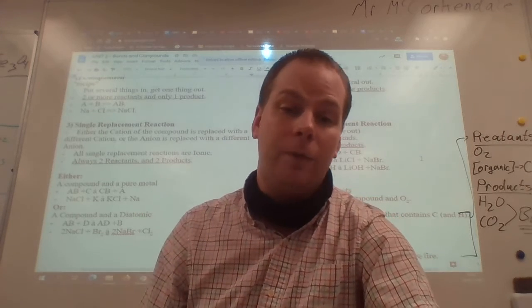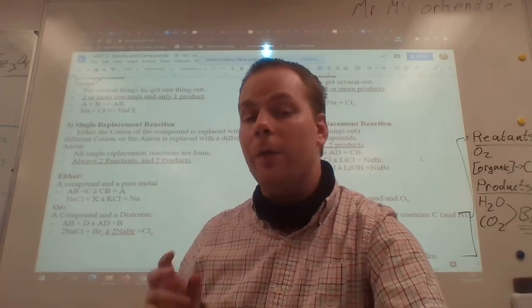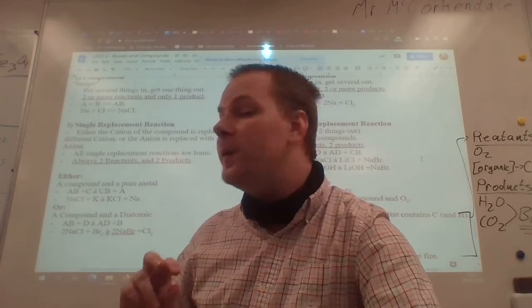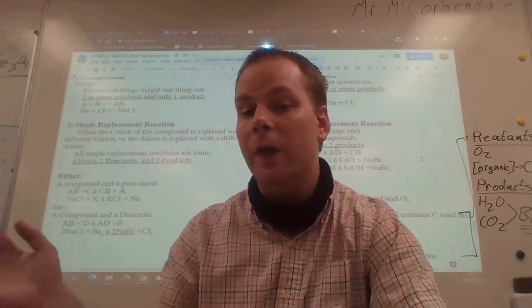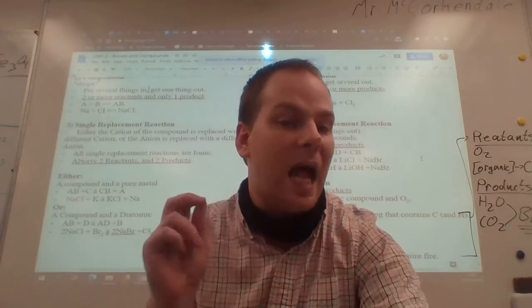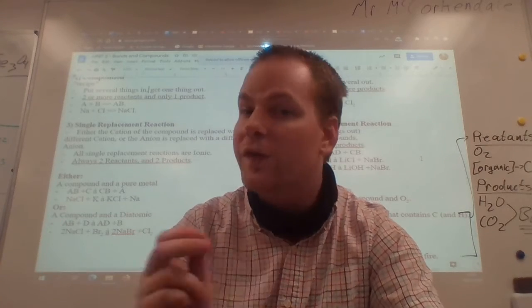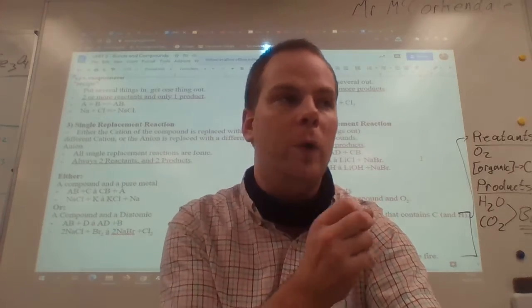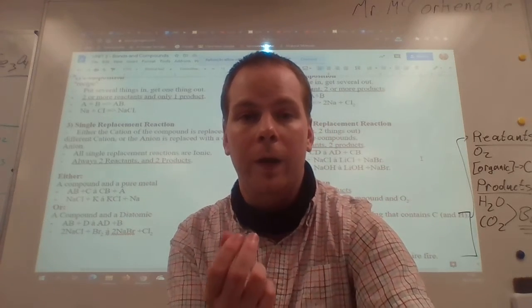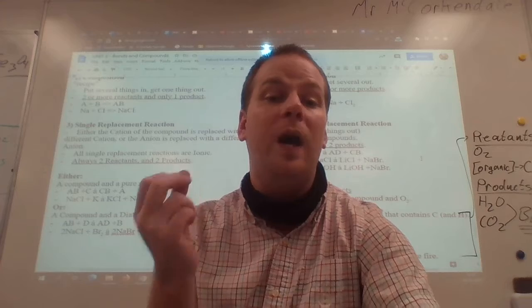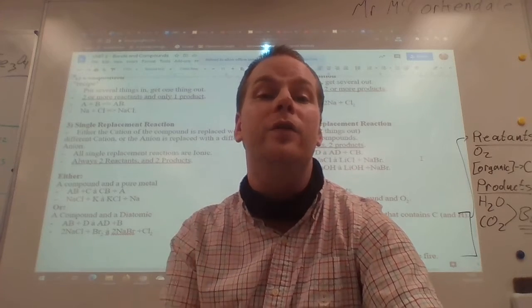In a cation replacement, the cation, the first part of the compound, is being swapped out for something else. Subscripts don't matter. The element changes from iron to hydrogen or something like that. Aluminum to iron is another good example. But the first part of your compound's formula is going to change.